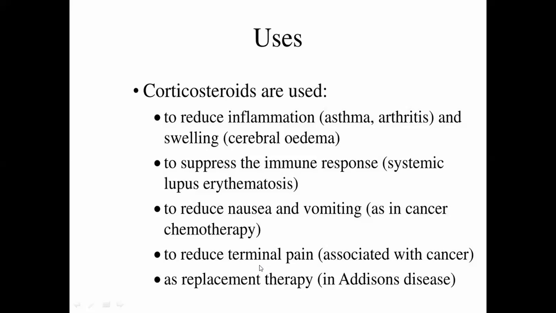The next point is it is used in rheumatoid arthritis, gout, and osteoarthritis disorder, and is also given along with NSAIDs. Then next, it reduces nausea and vomiting. Also it depresses the immune response.